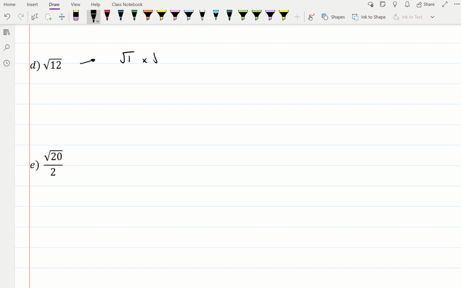Root 1 times root 12, not very helpful, so I never include it. Root 2 times root 6. Root 3 times root 4. And that's it. The trick here is to spot the square number. This is the same as root 3 times 2, which is just changing the order: 2 times root 3.